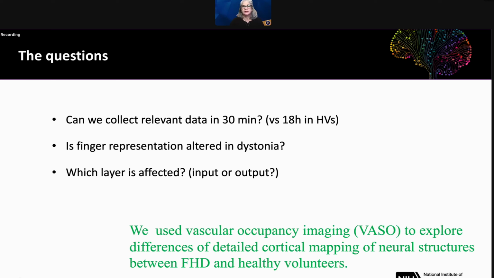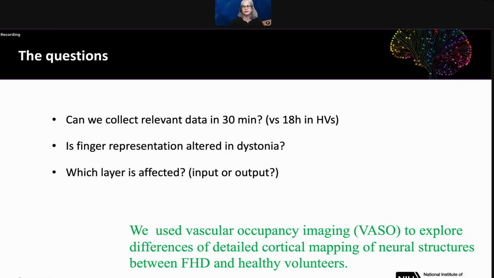Then if we can collect data, we wanted to answer whether the finger representation is altered in dystonia, whether we can get a sense of the distance between fingers, and whether there is a layer effect altered in these patients.